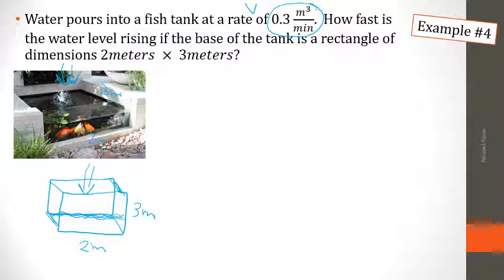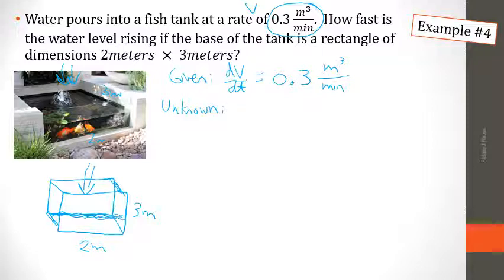Okay, so let's talk about what we are given. We are given the rate of change of volume with respect to time, because that's the rate that the water is coming in, and that's going to change the volume of the tank, and it's 0.3 cubic meters per minute. What do they want us to find? What is our unknown? It says, how fast is the water level rising?